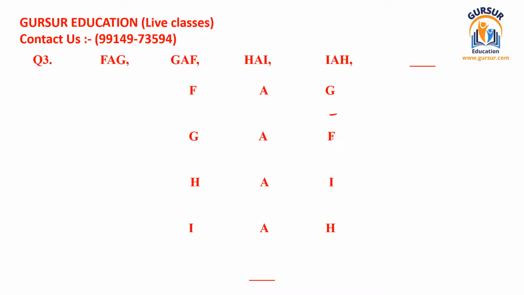Then here is F. Then here is I. I is given. So I comes after two positives. After F, here comes G, then comes H. Only then comes I. That means there is the addition of 2 letters in that.